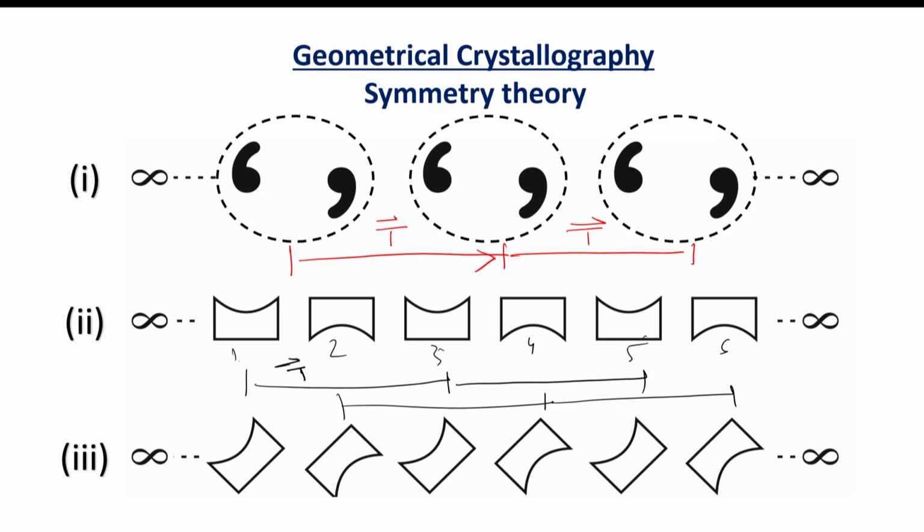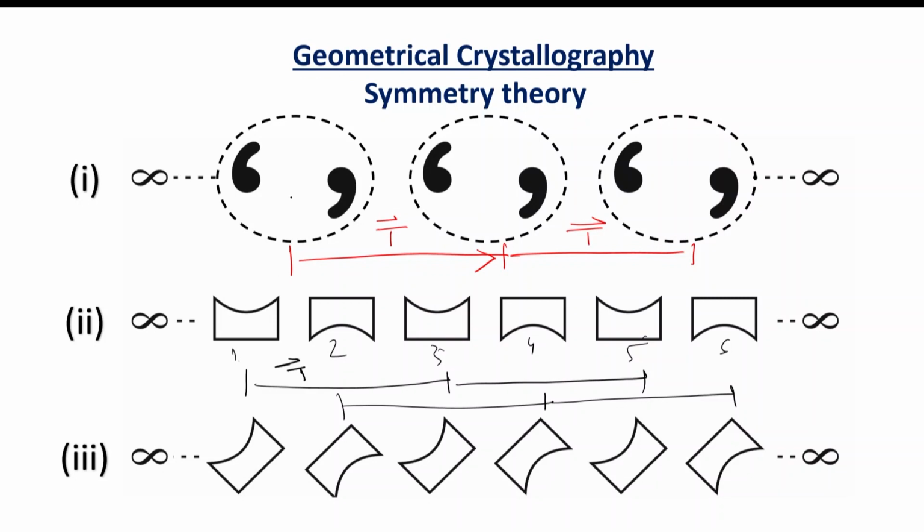So the first symmetry element that is present in any material that possesses some kind of symmetry, or to be specific in any crystal, is the presence of a translation. So translation is the first operation of symmetry that is present in any crystal.